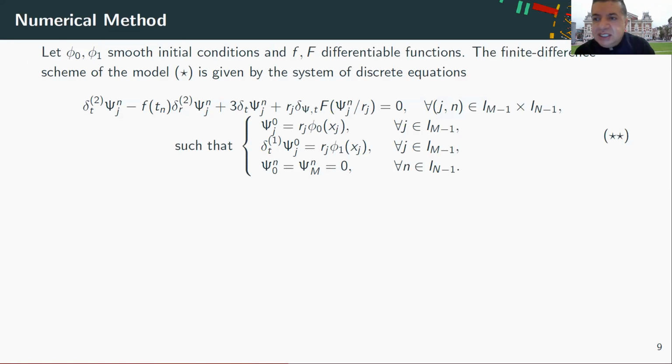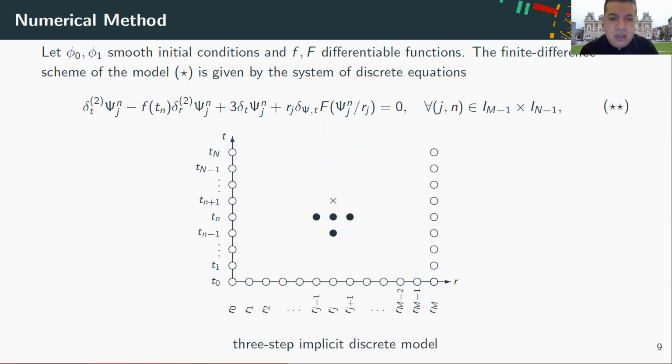Okay, with these definitions, we can propose the finite difference scheme for the main problem in terms of this system of discrete equations. Here we can see the three-step implicit discrete model associated to the finite difference scheme proposed.